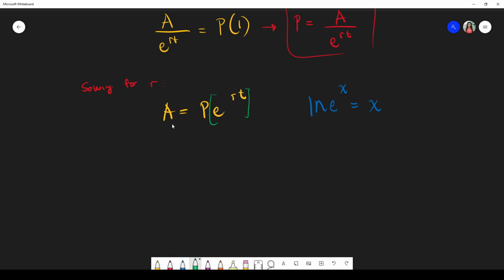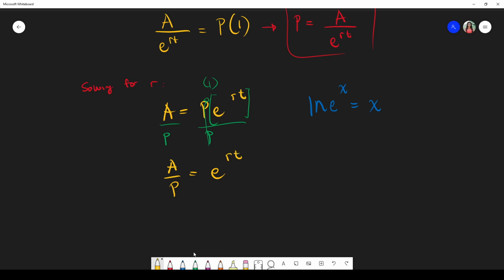And we can do that by dividing both sides by P. So this would become 1. Again, multiplying a term with 1 is essentially itself. So this would leave us with A over P is equal to e raised to rt.